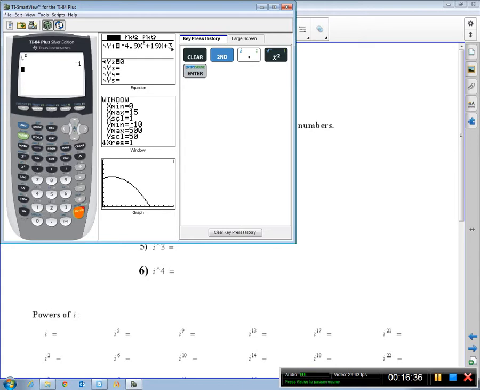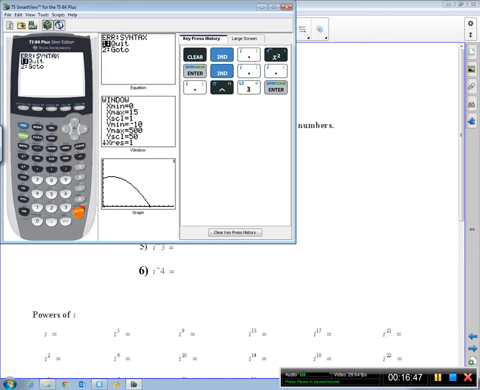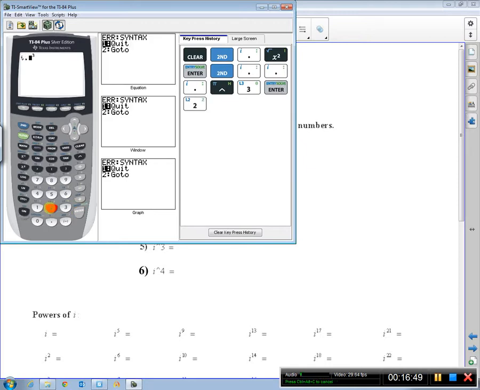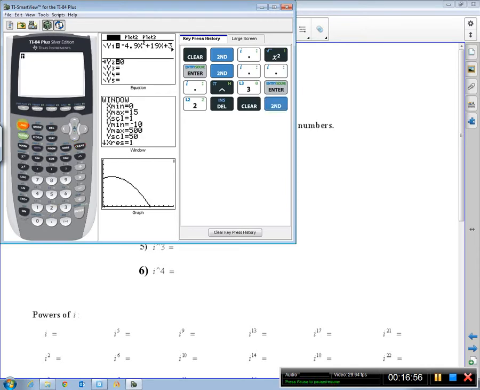Let's try i to the third power. Uh-oh. It doesn't know what I was doing. Second, decimal, to the third.